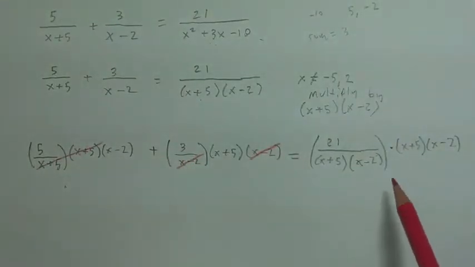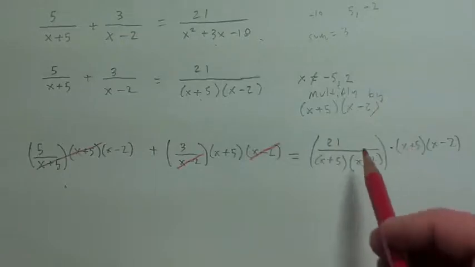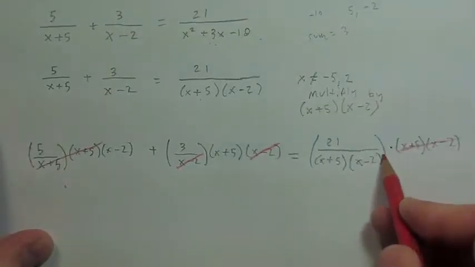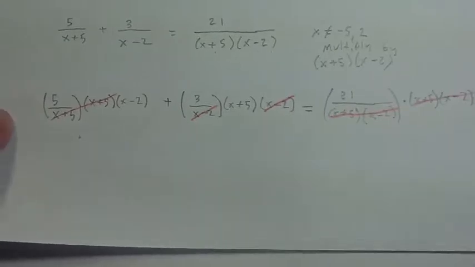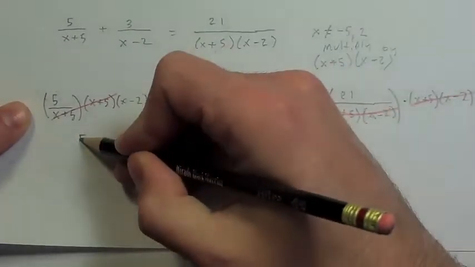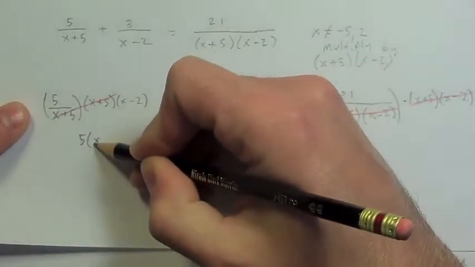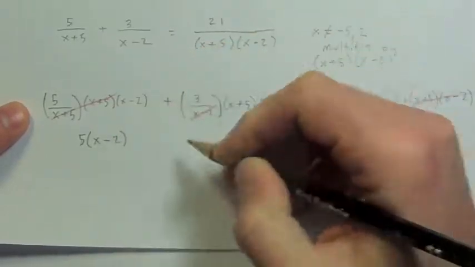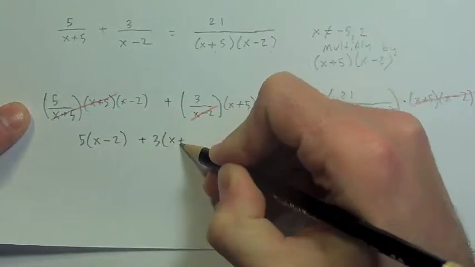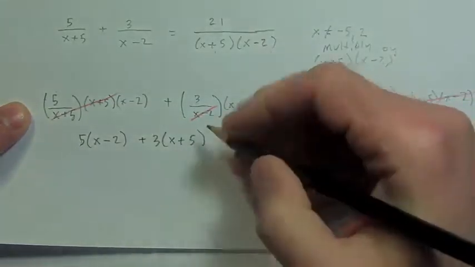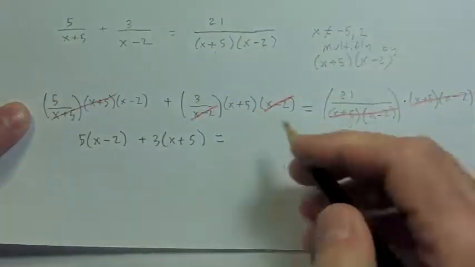And then here, the x plus 5's and the x minus 2's both cancel, and we're left with just a 21. So the equation, when it's all said and done, simplifies down to 5 times x minus 2 plus 3 times x plus 5 is equal to 21.